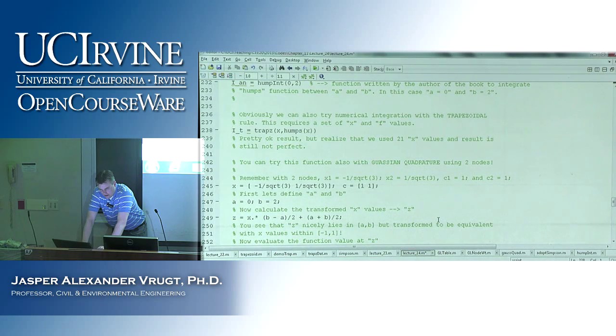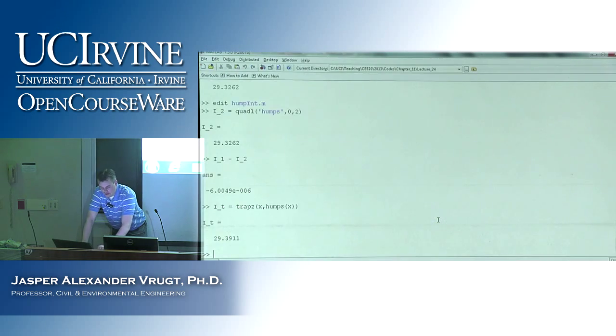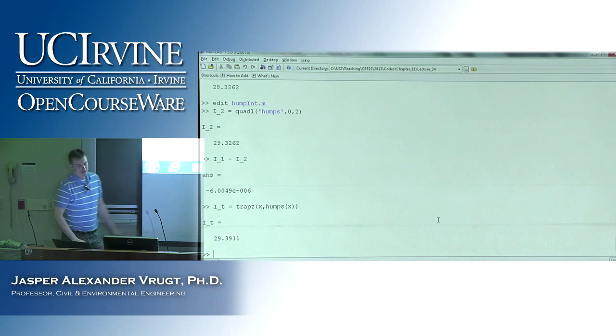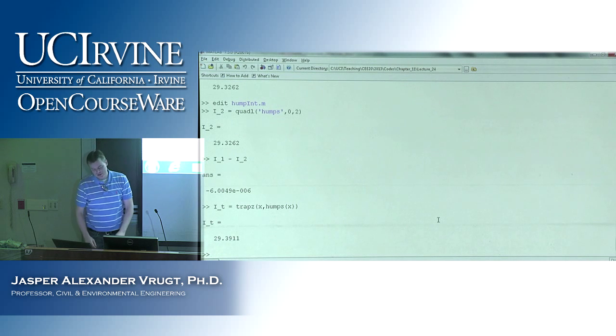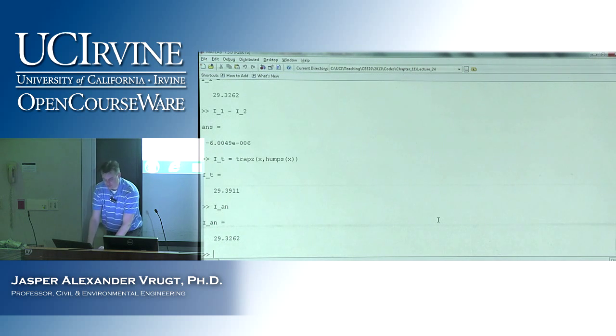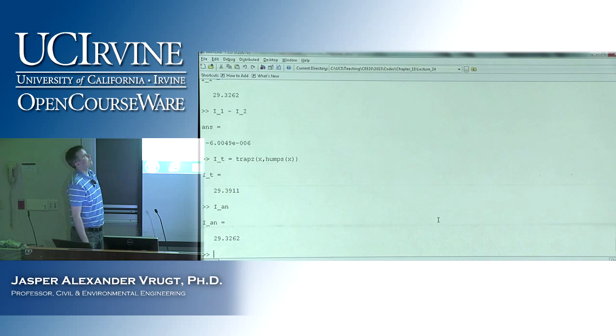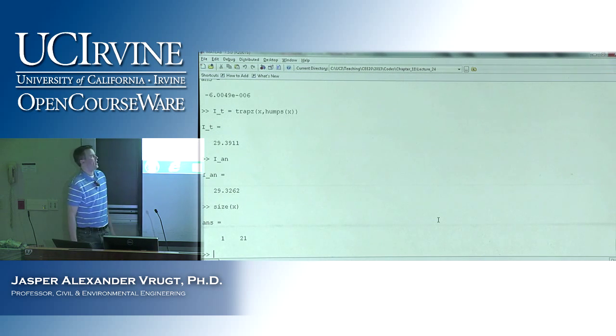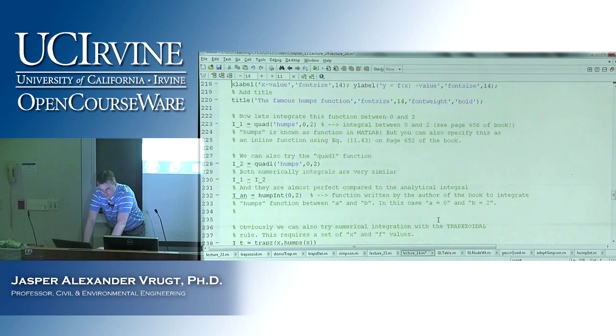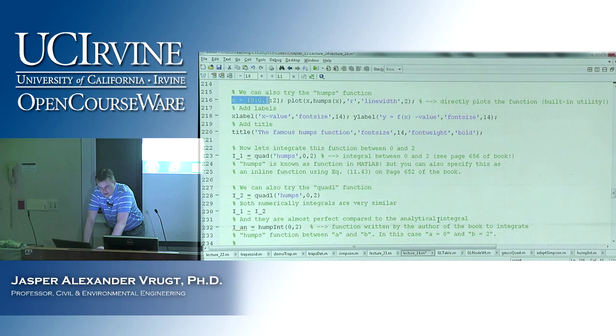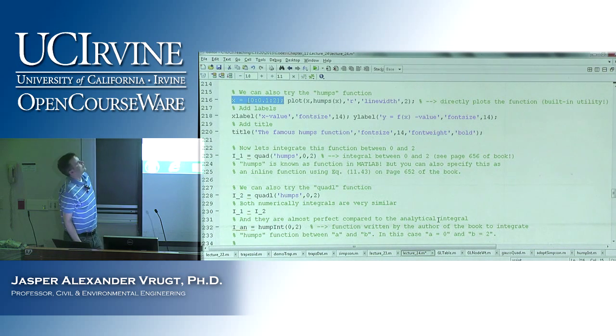Well, I can also use the trapezoidal integration rule, and you see that this is the result I'm getting, which, if this is the analytical result, is a little bit off. And for this we need to use 21 x values. I specified here on top, I don't know if you've seen that, that x had a step size of 0.1, between 0 and 2.